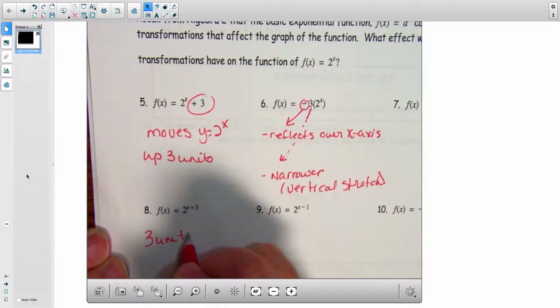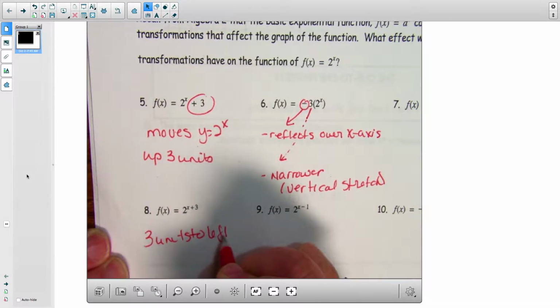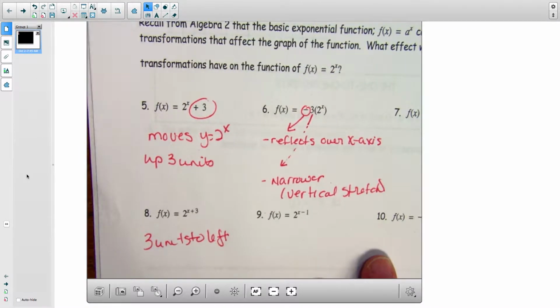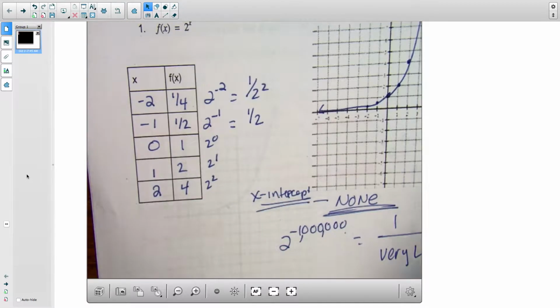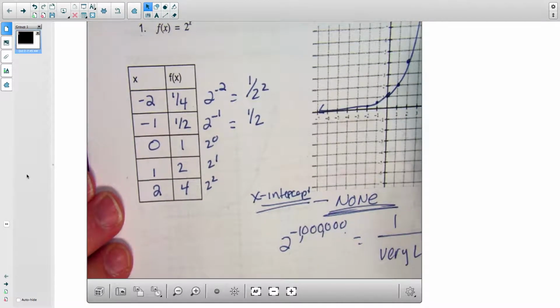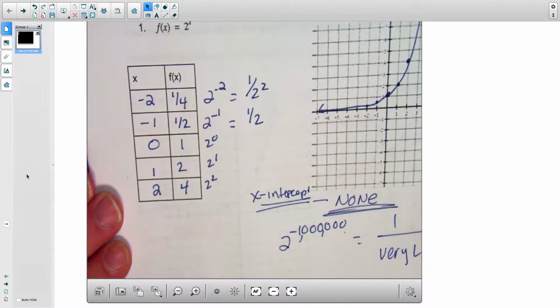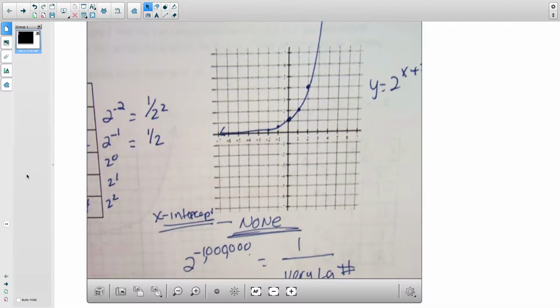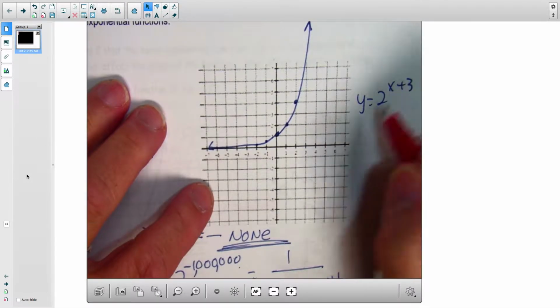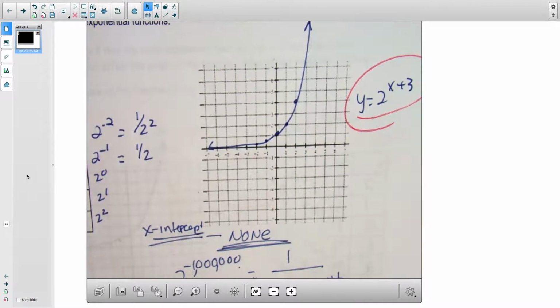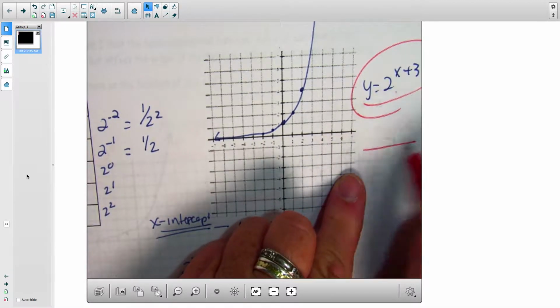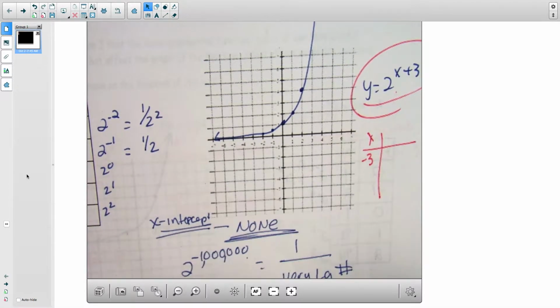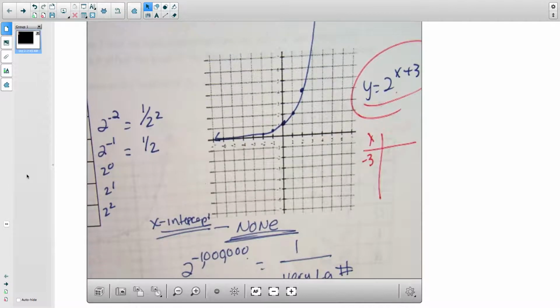Let's look at this. Let's go back to that first one. Do this one in red. So look what happens. When I let x be negative 3, what's my y? 1.